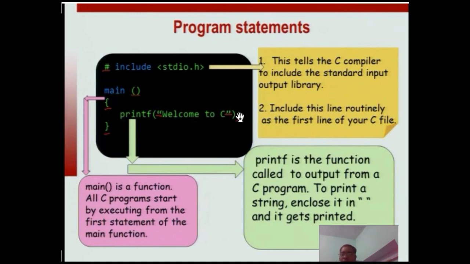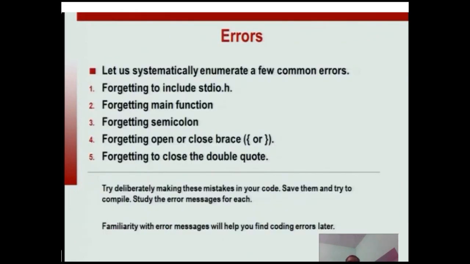What typical errors do we have when we code in C? What types of errors will be generated in our program after compilation, or if it is not successfully compiled? Let us systematically enumerate a few common errors that could happen even in a simple program like what we have seen. For example, you could forget to include stdio.h. If you do not include the standard input library, then the compiler will give you an error message.